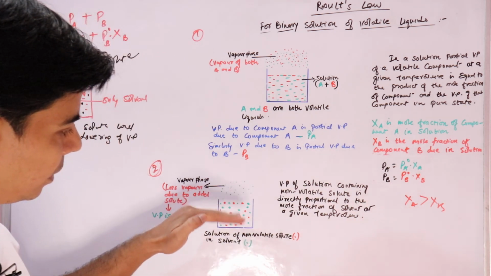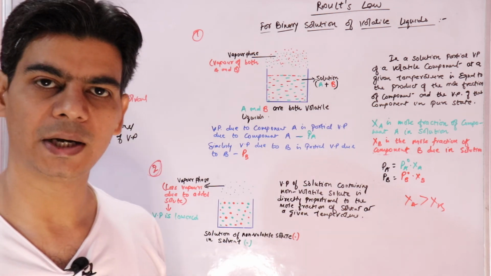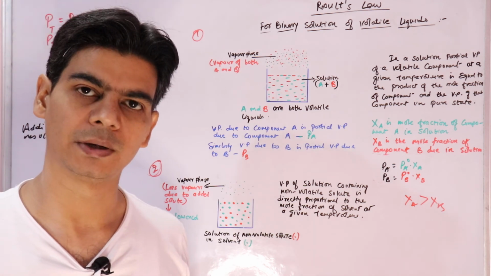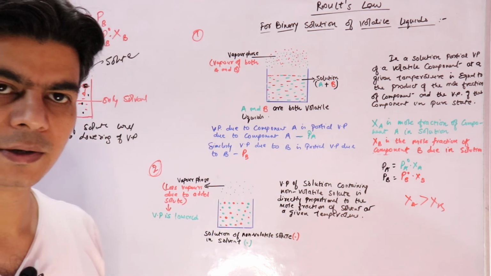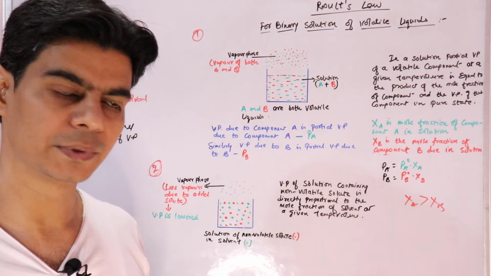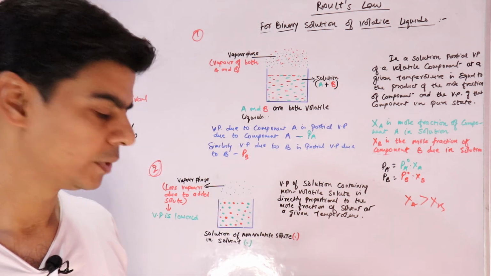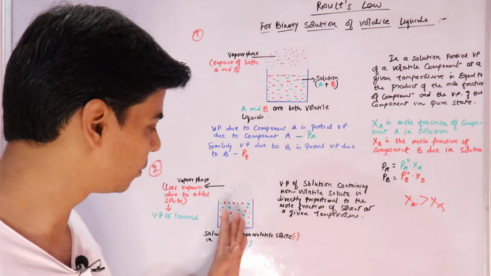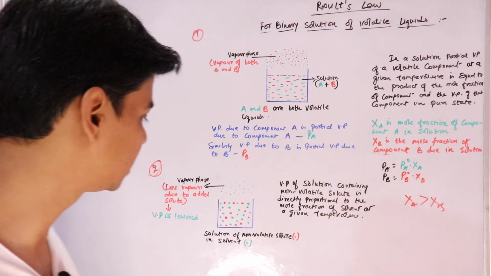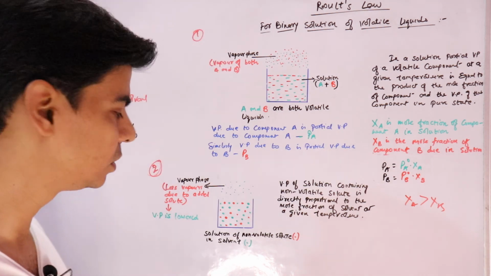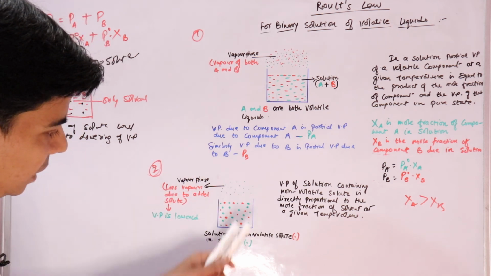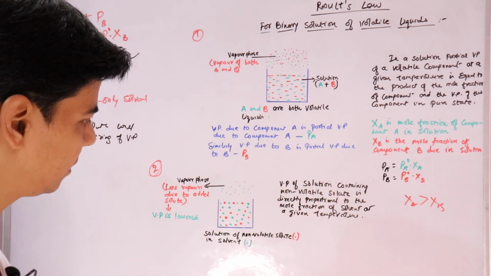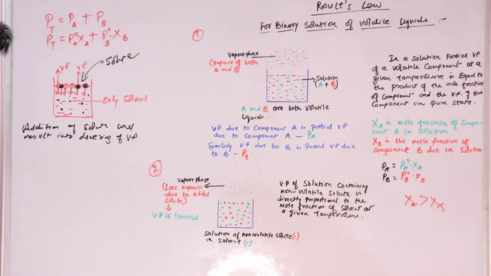And when the vapor pressure becomes equal to the atmospheric pressure, the liquid will start boiling. That's the boiling point. So when solute is added, we have to heat it to a higher temperature because the number of solvent molecules at the surface has reduced, as they are replaced by solute molecules. So this results in lowering of vapor pressure and elevation of boiling point. I hope all this is clear to you.